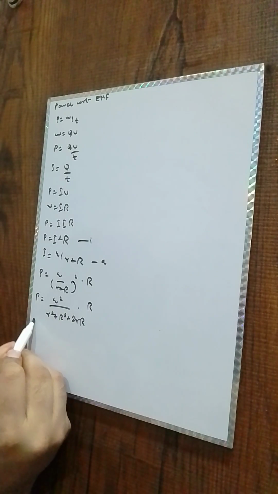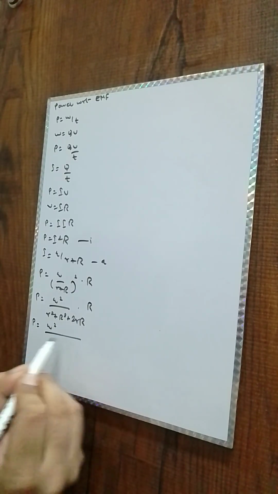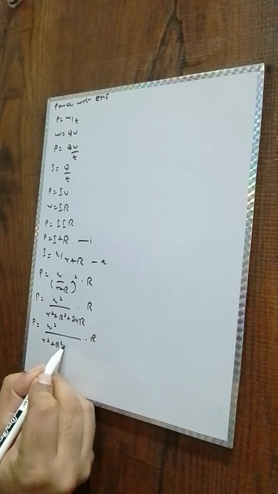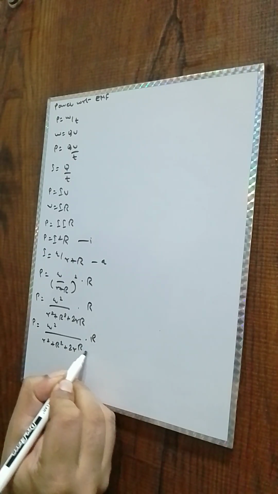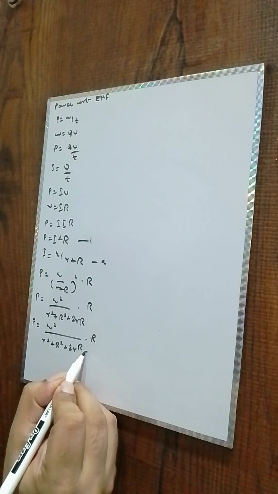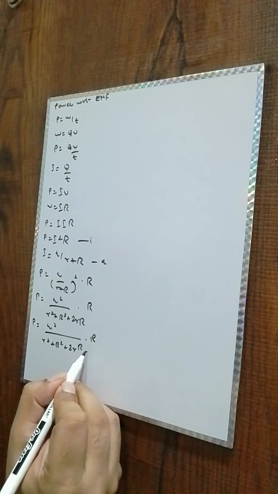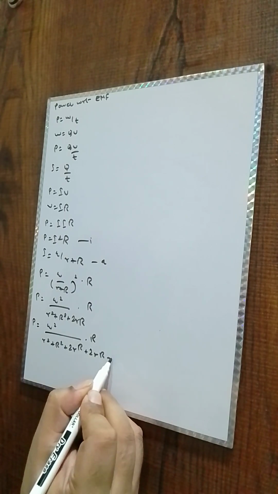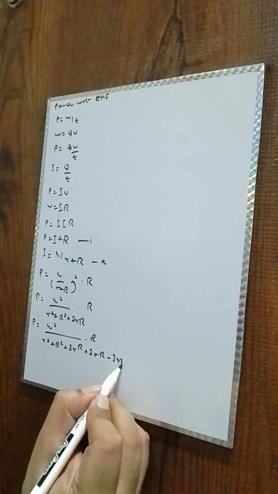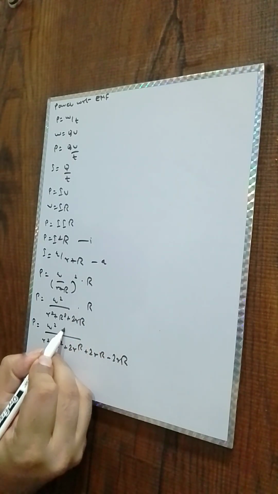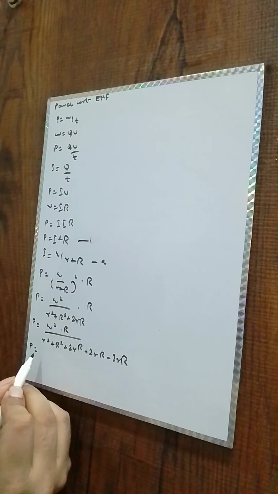To make it R minus r whole square, we do mathematical manipulation: R square plus r square plus 2Rr minus 2Rr plus 2Rr.